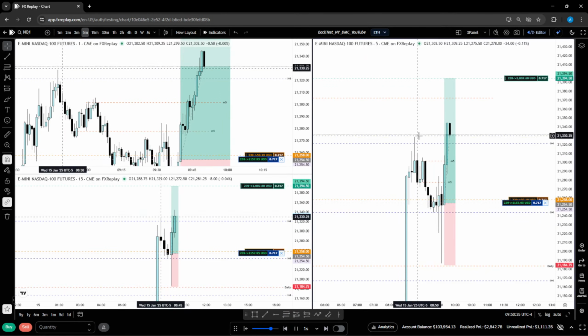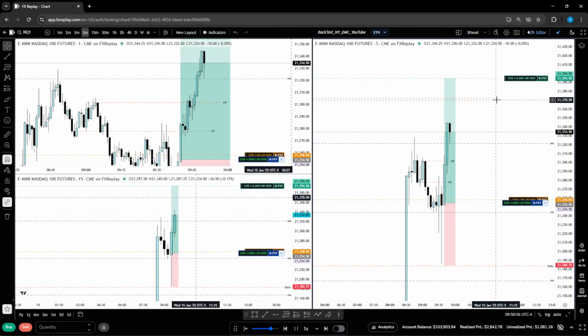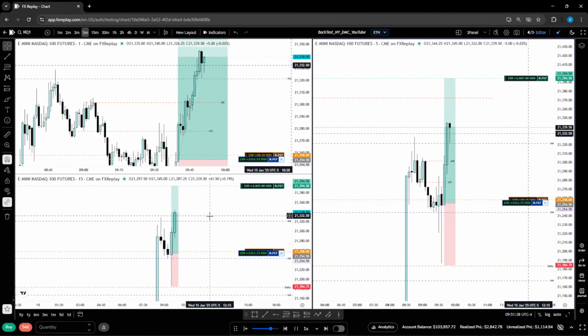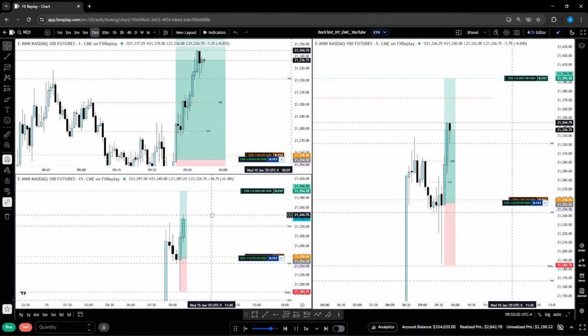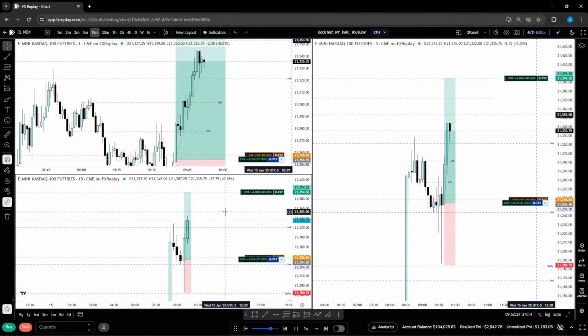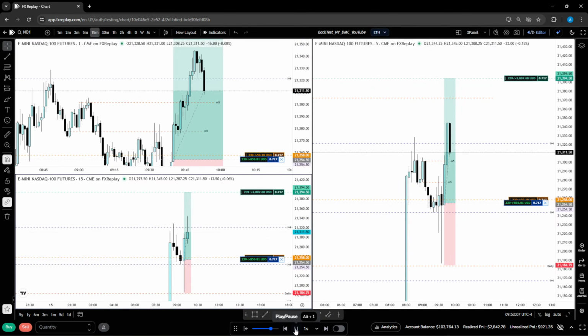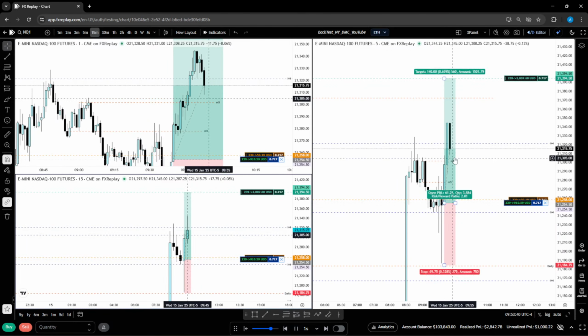In 5 minutes we took that previous high, which is good. Just in 10 minutes if we take this one also. Test of this 5 minutes.